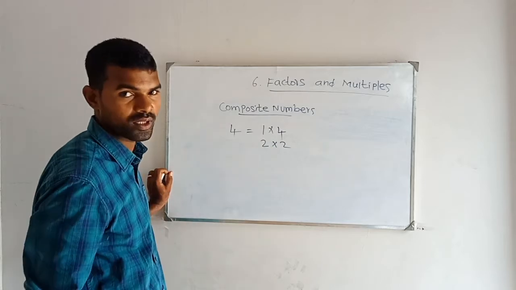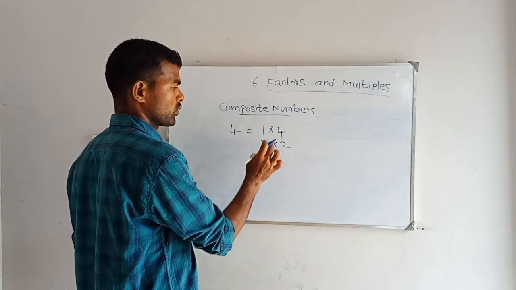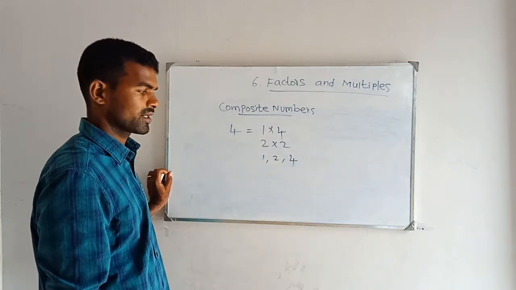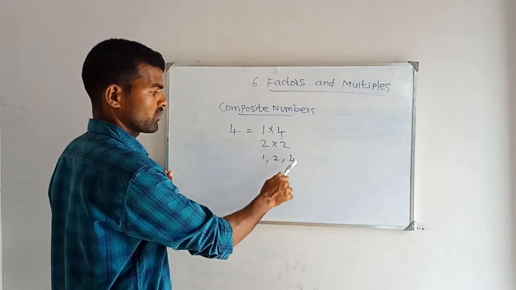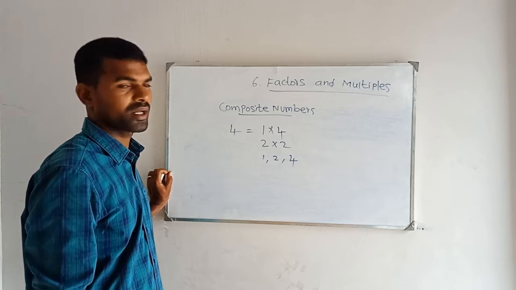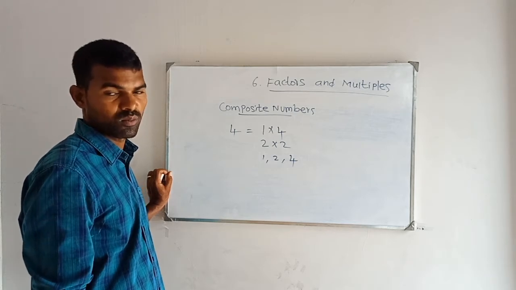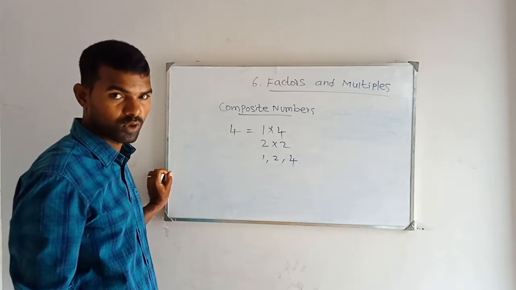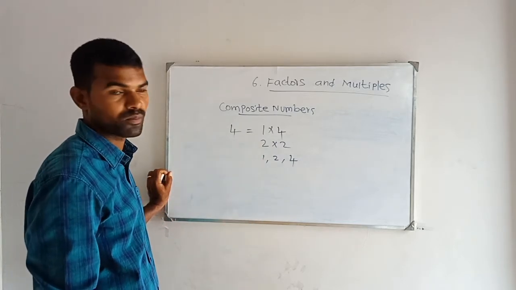Just take 2 once, that's enough. So 1, 2, 4. Here there are 3 factors. If a number has more than 2 factors, that is known as a composite number.